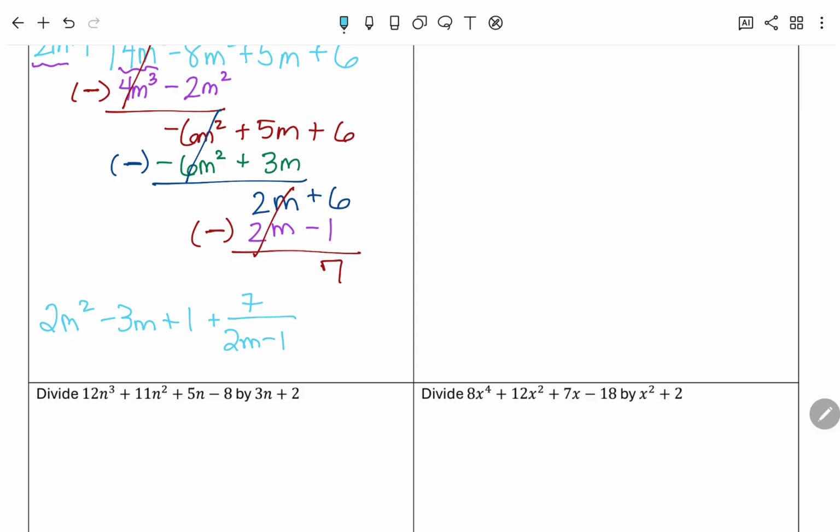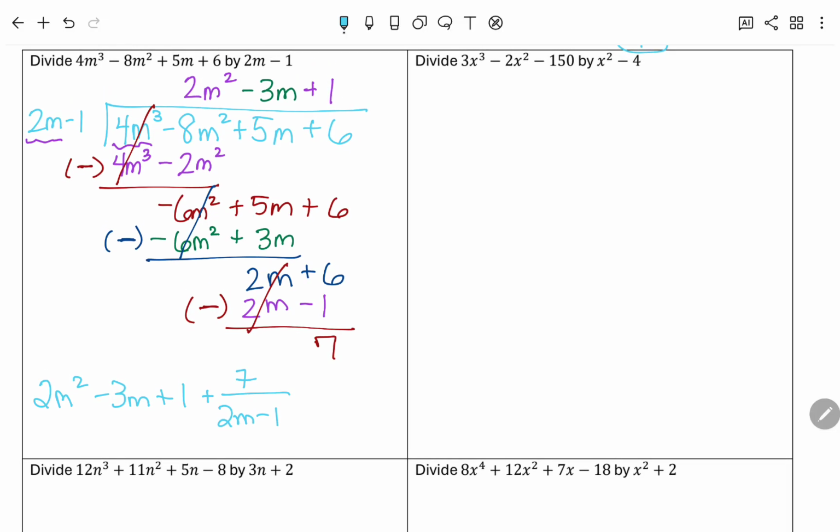Okay? Let's do that process one more time together. Notice this time we're asked to divide by x squared minus 4. And this has a degree of 2, but then there's no piece that's a degree 1. So I'm going to add in a placeholder, if you will, or the linear part of the polynomial that has a coefficient of 0.